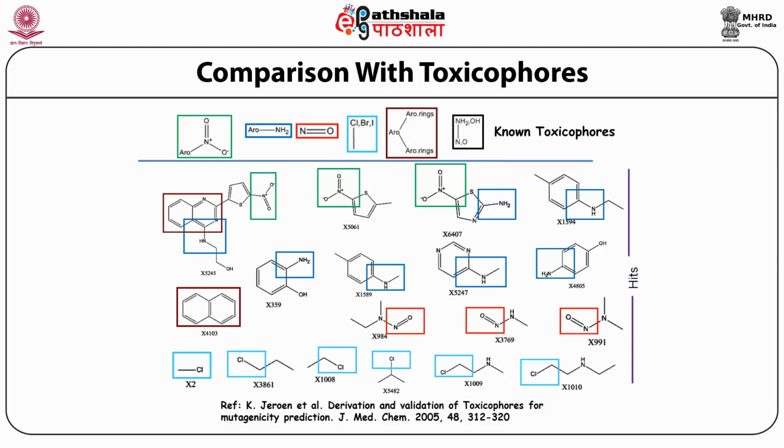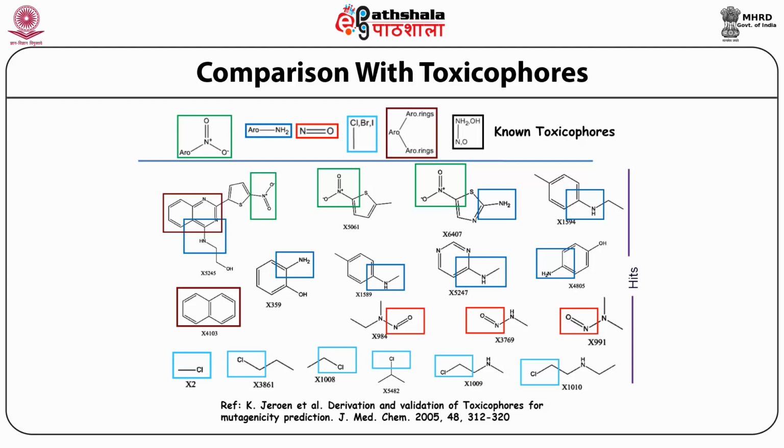So we started searching how many of our molecules contain them. And here I show a list of hits where all these top known toxicophores occur in our molecules, in our predicted molecules, and in our scaffolds as well. So this proves the mechanistic view as well.